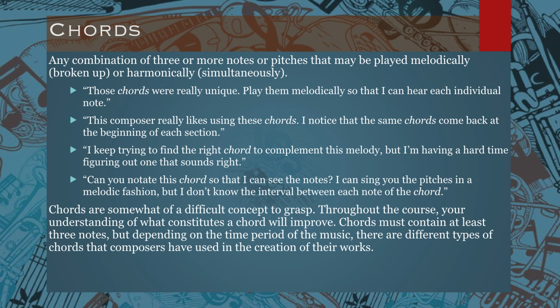So chords are any combination of 3 or more notes or pitches that may be written or played melodically. When they're played melodically, they're broken up, so you hear one pitch after another, like dun dun dun. Or harmonically. I can't sing a harmonic chord, so you're just going to have to take my word for it that those 3 notes I played would be performed at the same time if they were harmonic.